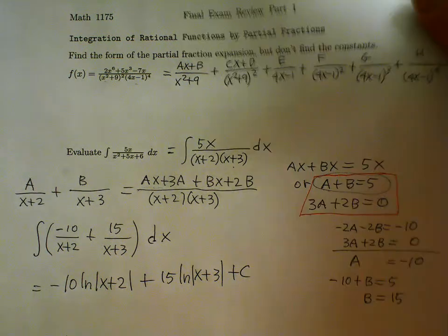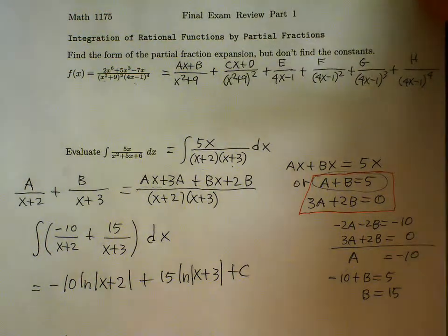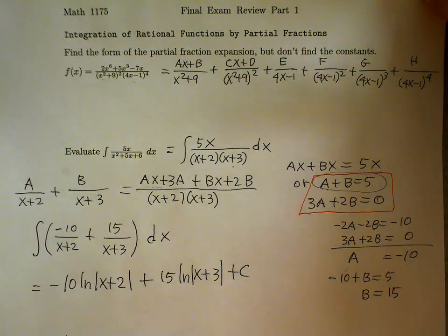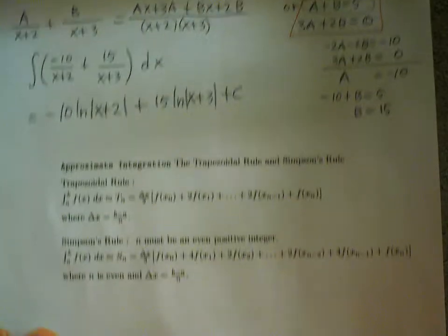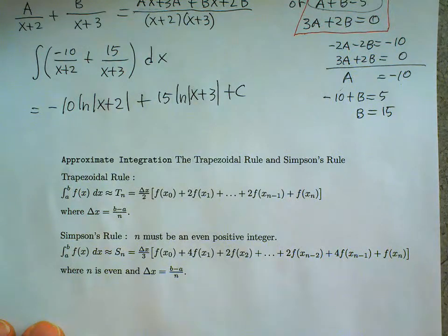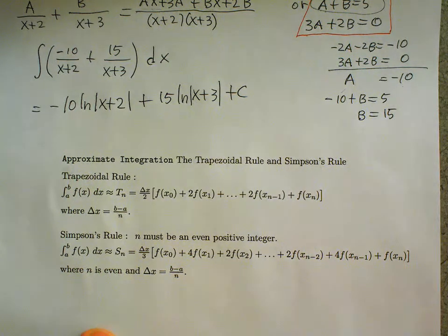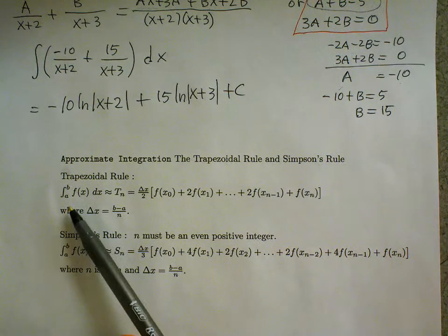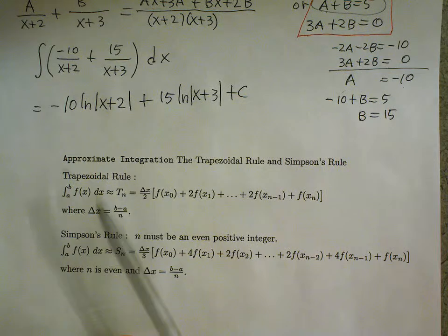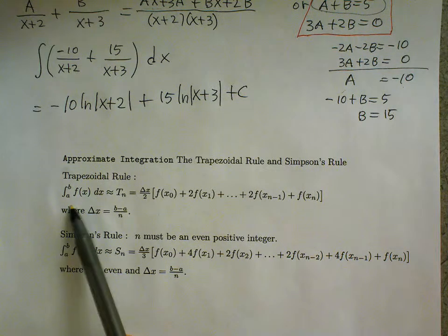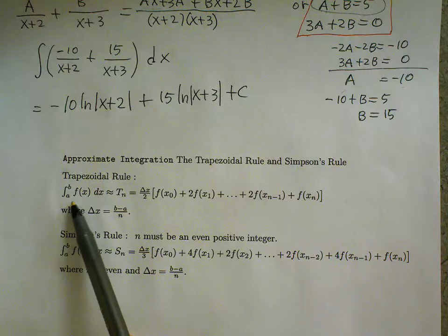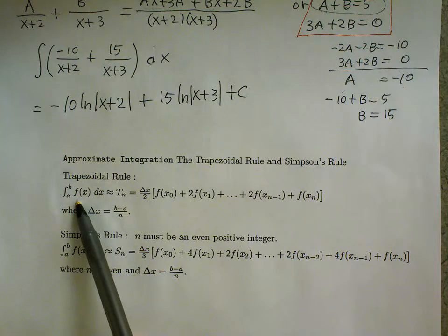Okay, the next topic, approximate integration. We're going to just focus on the trapezoidal rule and Simpson's rule. A reminder, the trapezoidal rule is a method for approximating a definite integral of a function f of x.